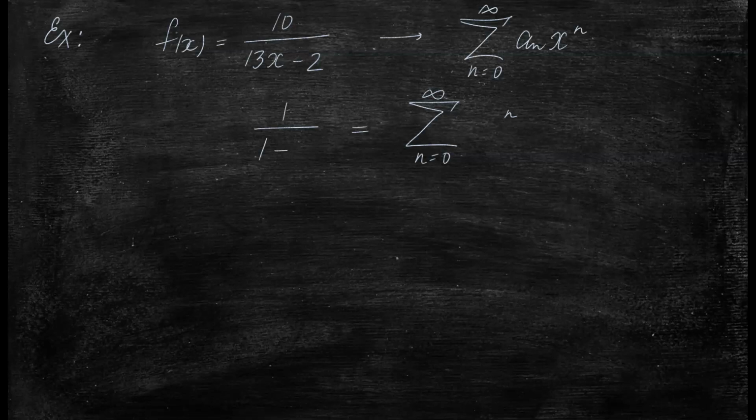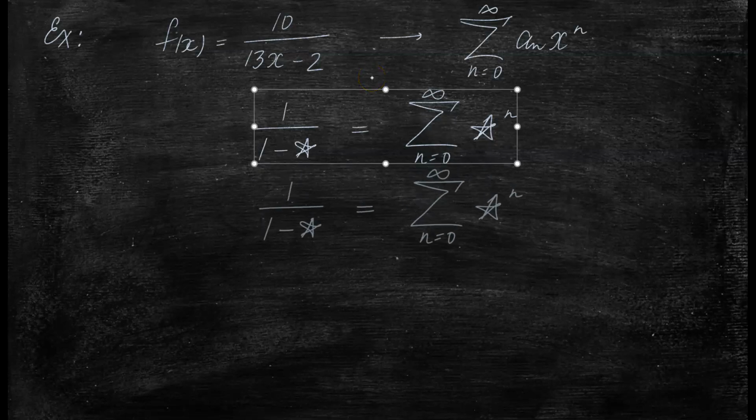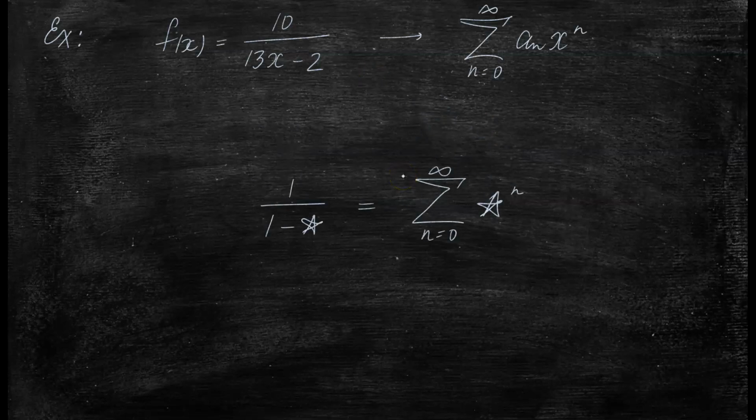So if I use a star over here, then I will just use a star over there, but everything else is a part of this formula. So the goal is to be able to recognize, or if it doesn't exist, to create this pattern in the given function. And we're going to do that by algebraically manipulating the function.